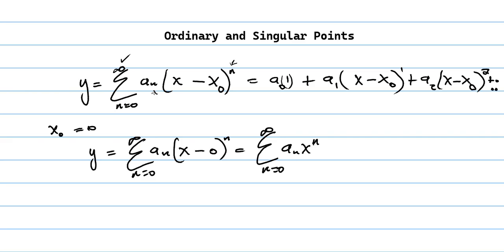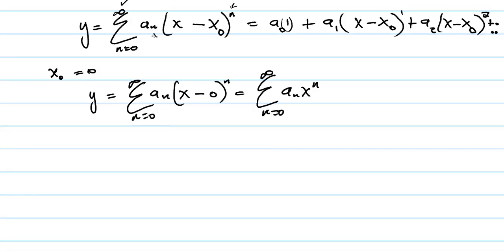So this is the definition of y. I recommend, if you haven't watched the previous video, please watch it so that you get the understanding of what we are doing here and what we are dealing with.